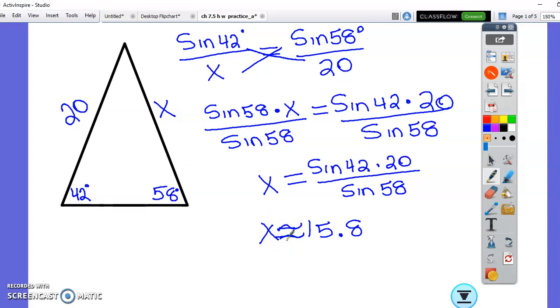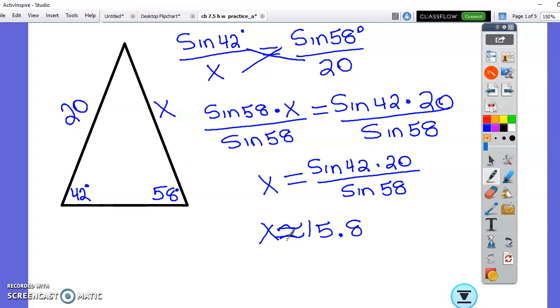And that makes sense because a 42-degree angle is smaller than a 58-degree angle. So the side opposite the 42-degree angle should be smaller than the side opposite the 58-degree angle, according to the Hinge theorem. And that's how we use the law of sines.